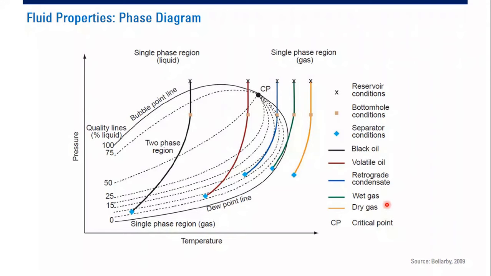Okay, everything is determined, can be seen from the phase diagram. In software, we can create this phase diagram. If I input my laboratory data, my fluid data, into the software, it can generate the phase diagram.